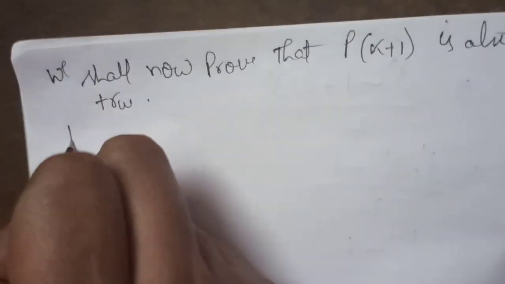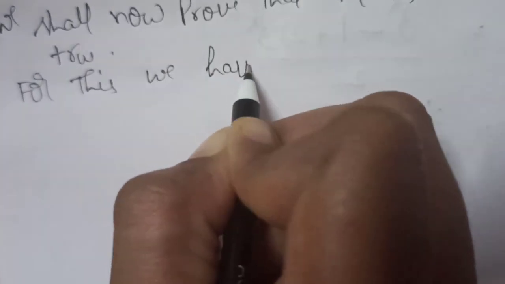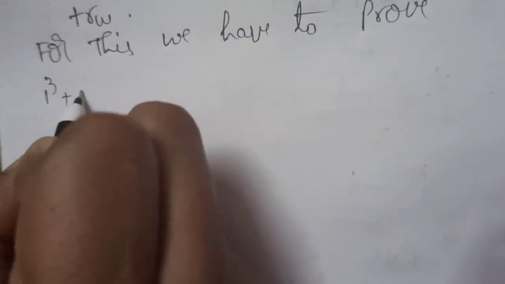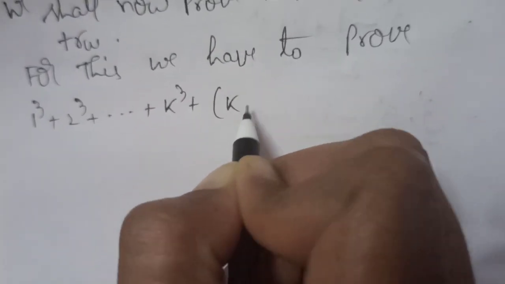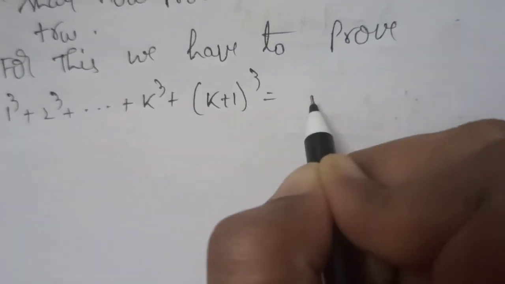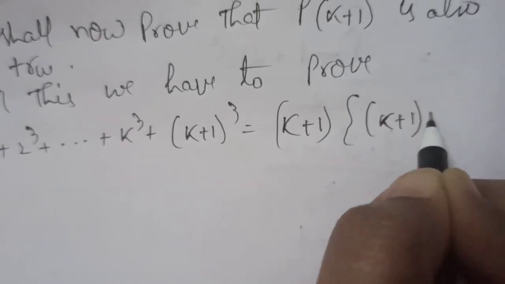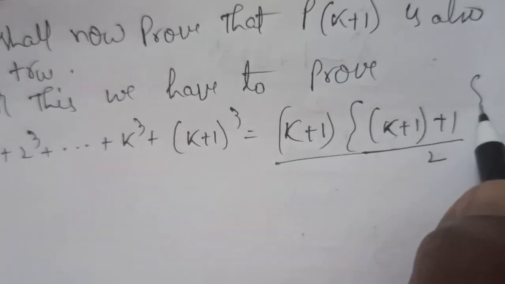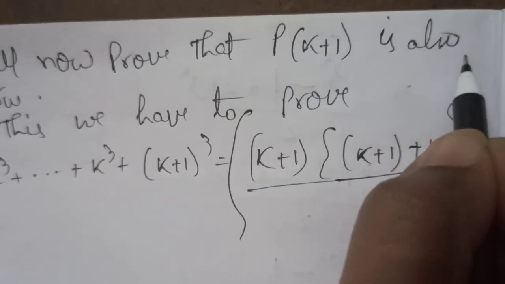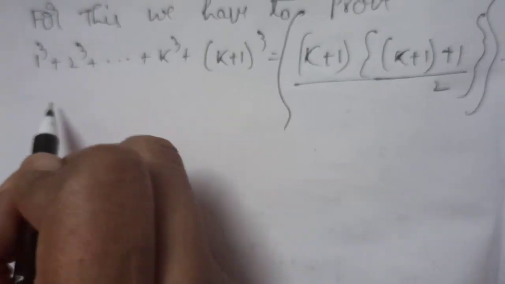For this we have to prove 1 cube plus 2 cube up to k cube plus k plus 1 whole cube equal to k plus 1 into k plus 1 plus 1 by 2 whole square. This you want to prove.